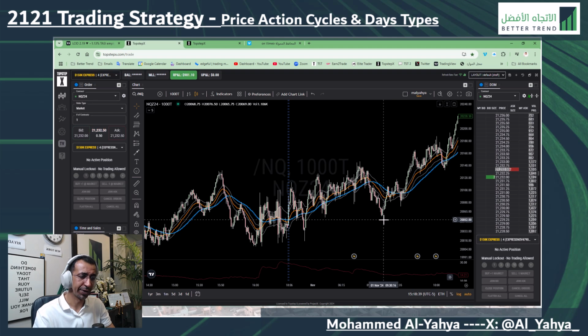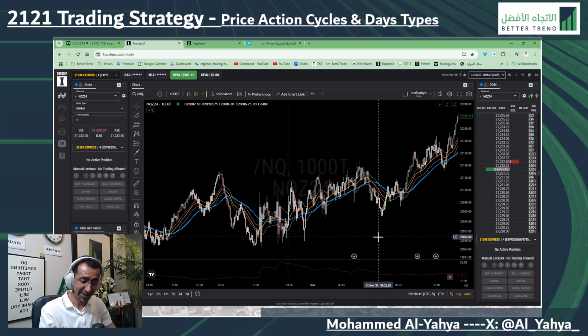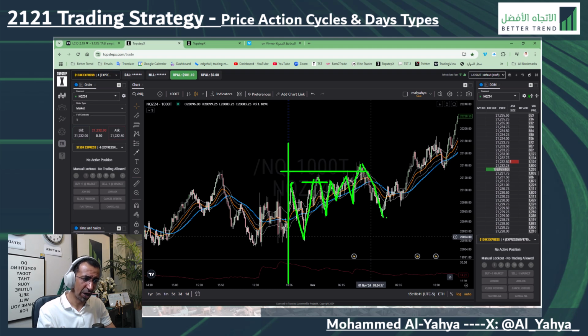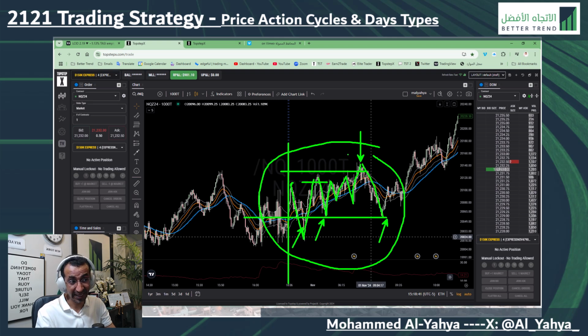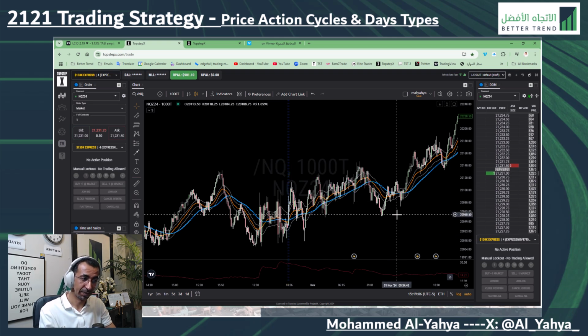That one could work. The day started here. They make a high, make a low, make a similar high, keep doing that, then they put in a low. That makes the type of day a range, at least at the beginning of the day. So you deal with this day as a range.